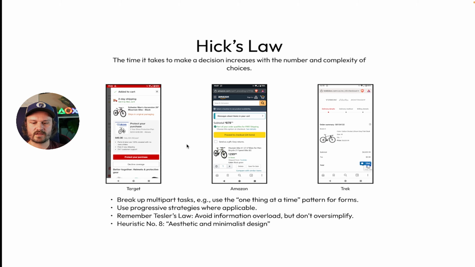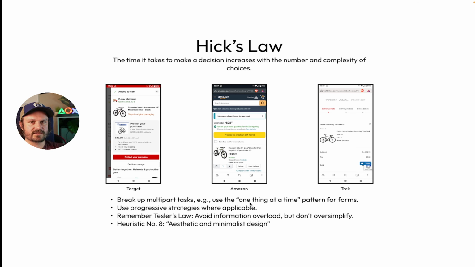Or if some questions made sense together, maybe 3 or 4 screens, instead of giving the user all those questions on one screen where you have to keep on scrolling to see all the content. That's a bit overwhelming for the user, and again could lead to frustration and confusion, which of course you want to avoid. And use progressive strategies where applicable.